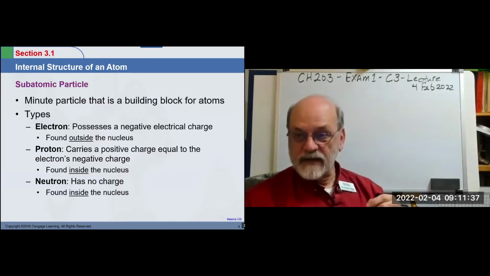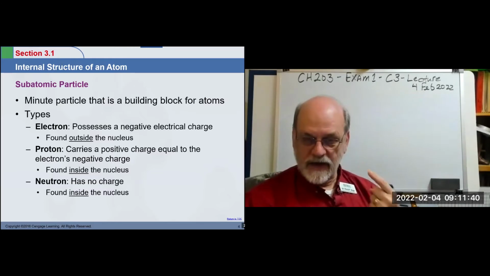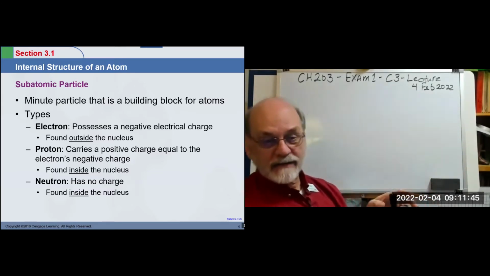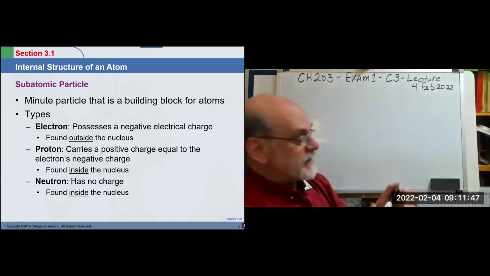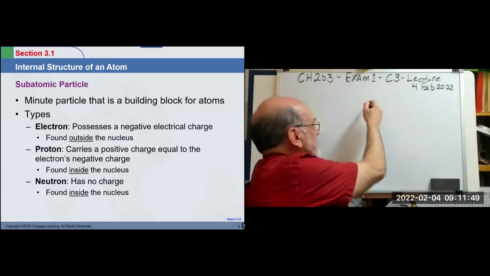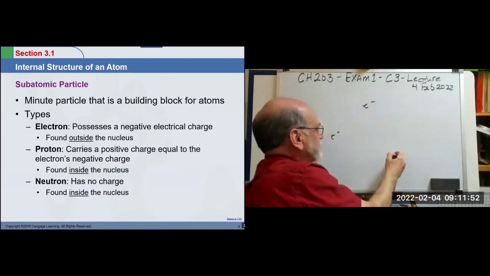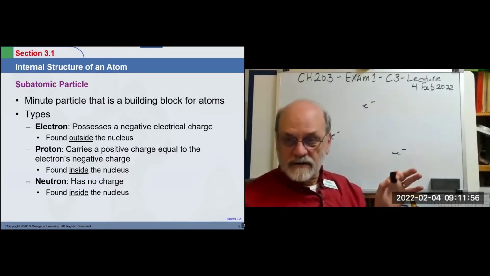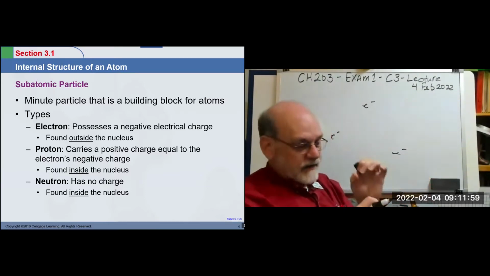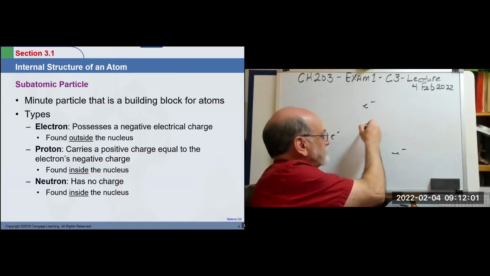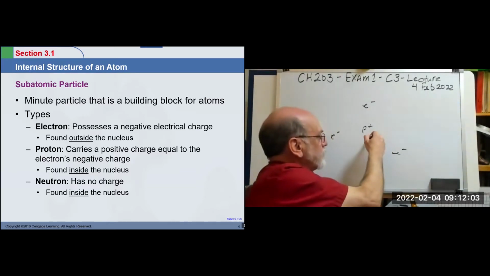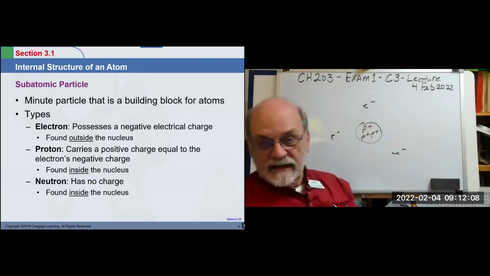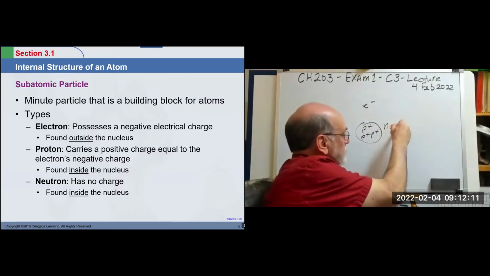The electron is the negatively charged part of the atom, and the electrons reside outside in the outer space of the atom. So the electrons are going to be out here somewhere. Protons are the positively charged part of the atom, and they reside in a central nucleus. Since I've got three here, I'm going to put three in the middle. Okay, so this is the nucleus.